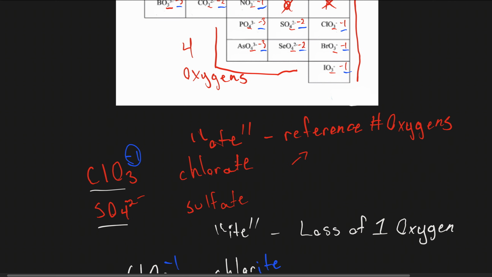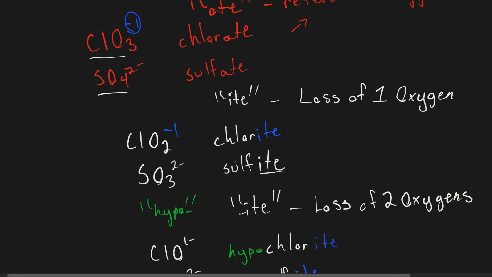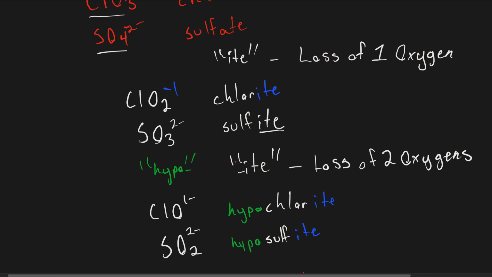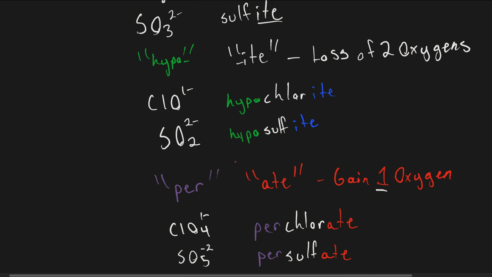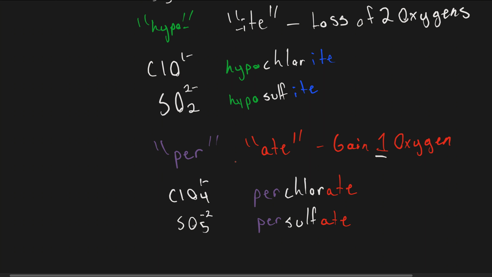When we lose one oxygen, the suffix changes to "ite," changing chlorate to chlorite or sulfate to sulfite. Then with the loss of two oxygens, we keep the suffix "ite" but add the prefix "hypo," meaning below. You can think of it as below the loss of one oxygen, meaning hypochlorite or hyposulfite.